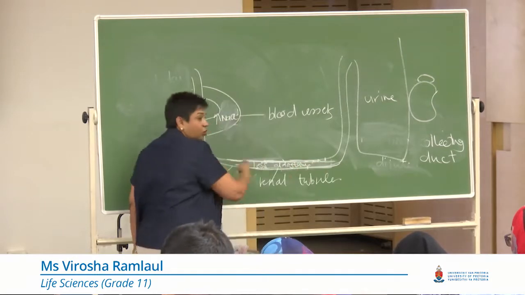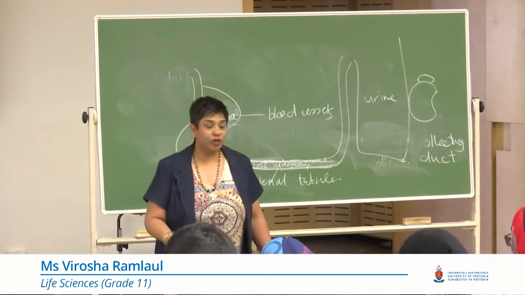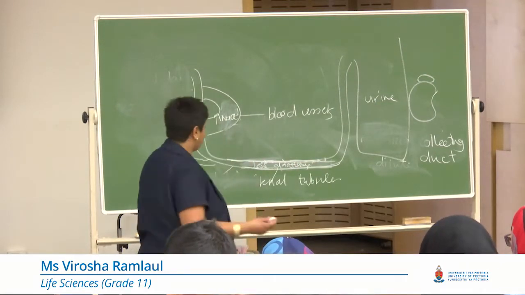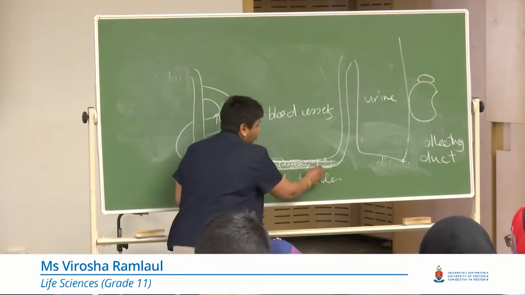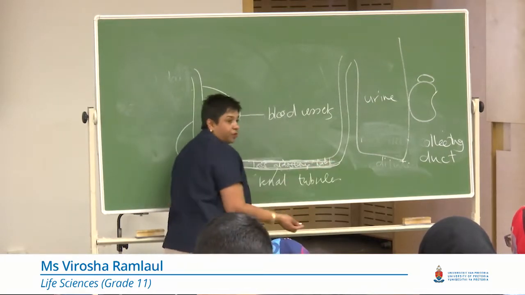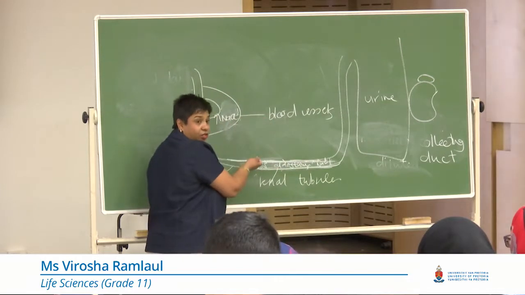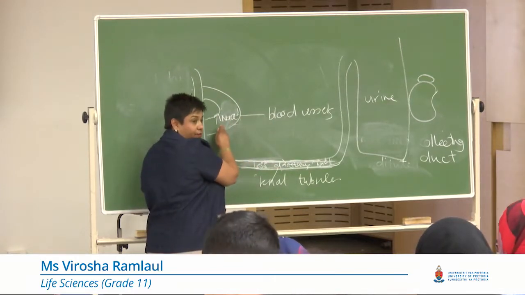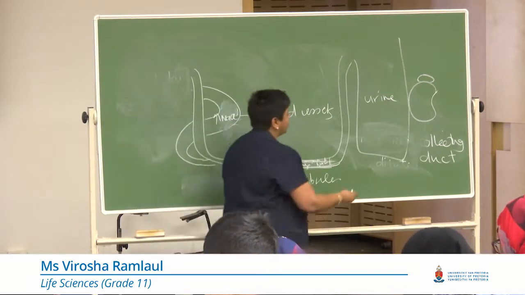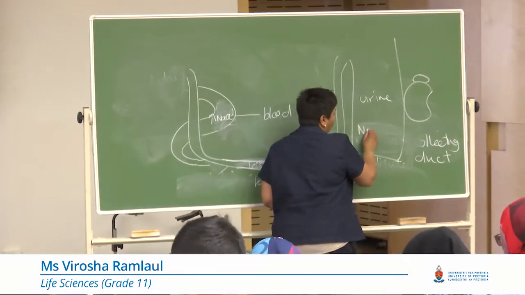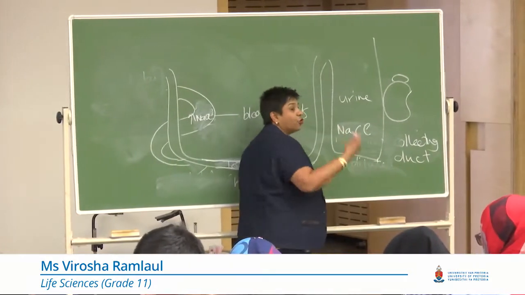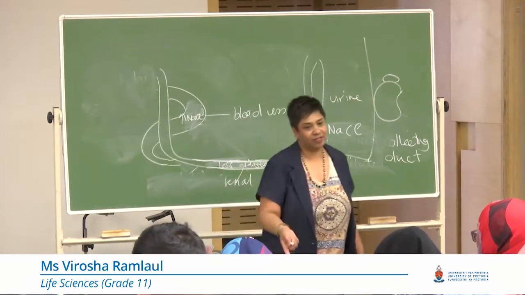If less aldosterone is secreted, the renal tubules become less permeable to sodium. Less sodium leaves the renal tubules and goes into the blood. And the urine will have more sodium chloride, so your urine will be more concentrated.